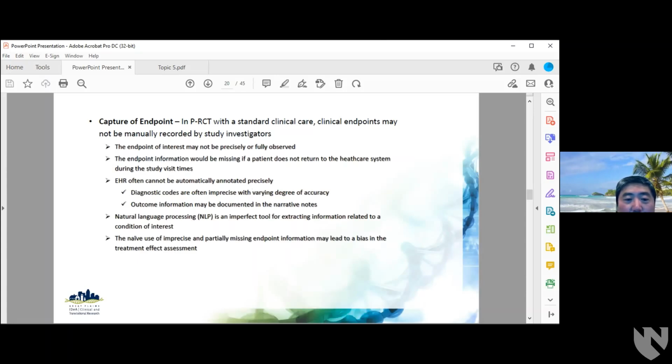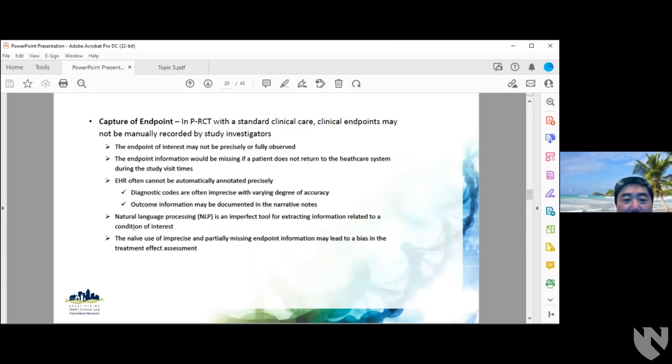Due to different reasons, right? Sometimes in the EHR, people put the information in documents as narrative notes, chart review or things like that. So that can contaminate the true endpoints. So often in the pragmatic trial, the endpoint information may be missing, okay?